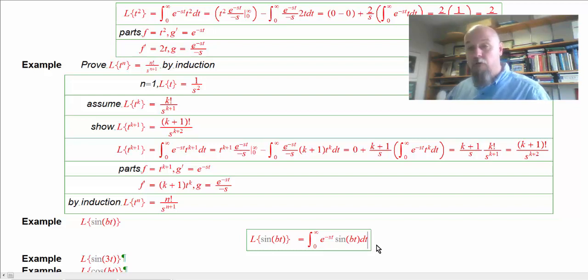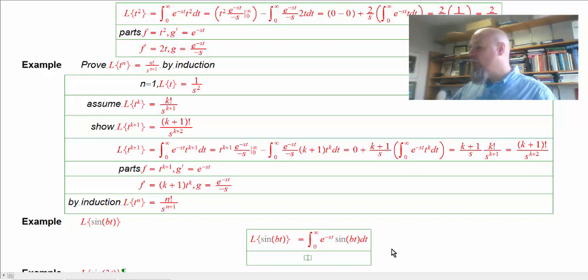If I do this integral, then I'm going to have to do integration by parts twice. It's totally possible to do that. But since we just figured out that we could take the transform of any polynomial, let's use that information. Let's express sine of bt as its Maclaurin expansion.